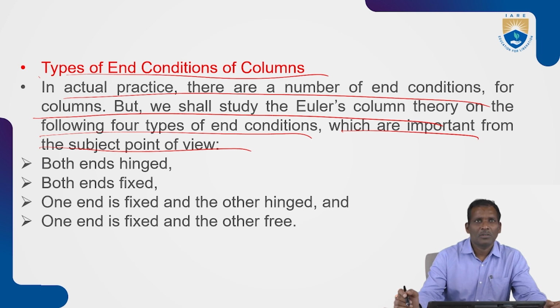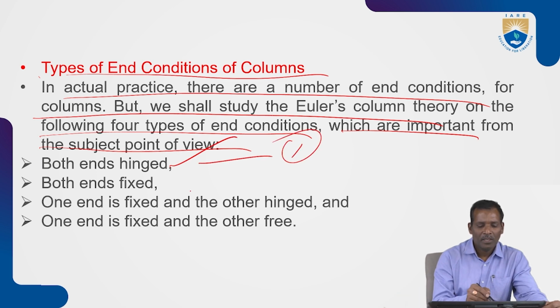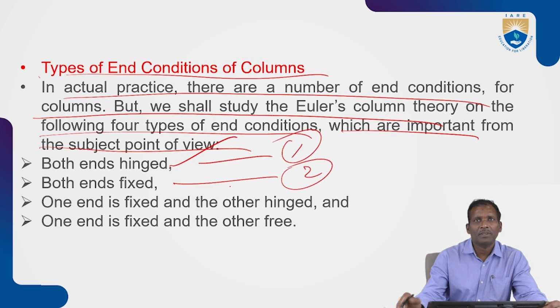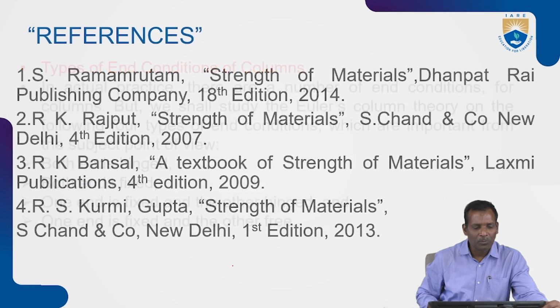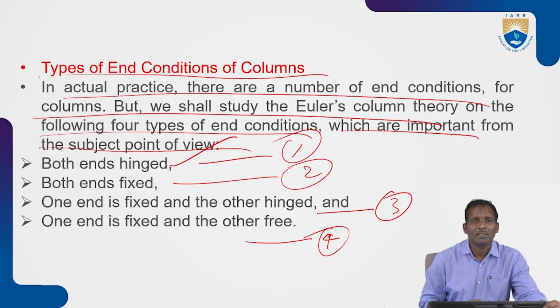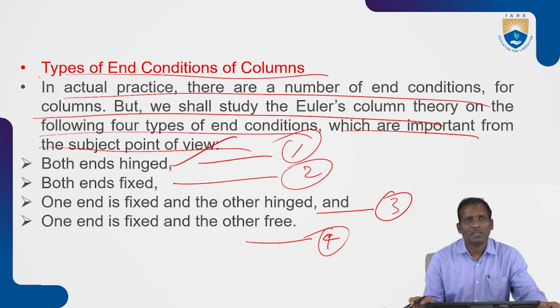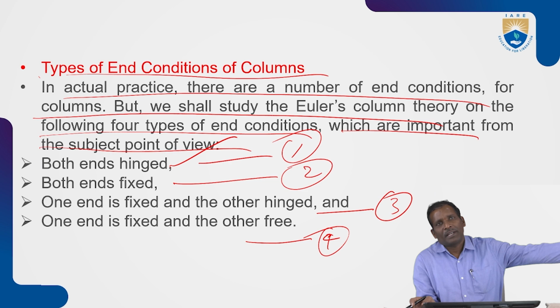One is both ends hinged. Second is both ends fixed. And one end is fixed and the other end is free. The derivation part we have already covered in theory, so there is no need to derive here. We are discussing only the terminology and definitions.